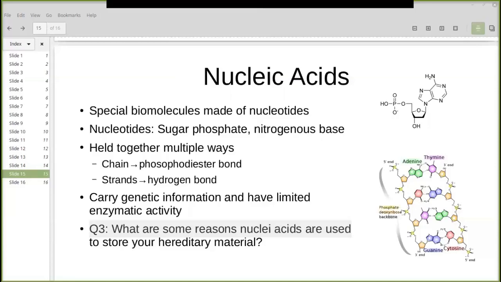Which one of the options do you think is correct or not? Do you want to take a shot? Okay, because it doesn't alter pH. Why do you think that's the reason why it's such a good hereditary material?